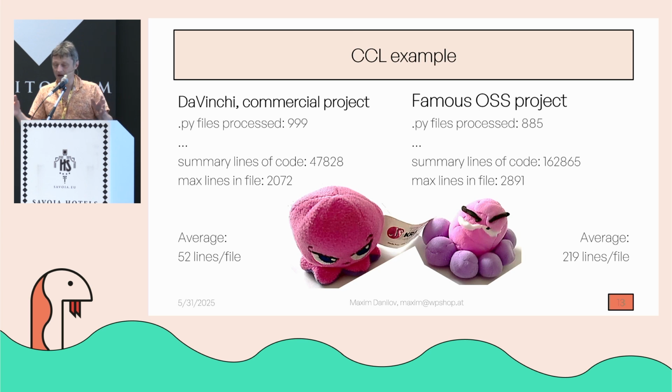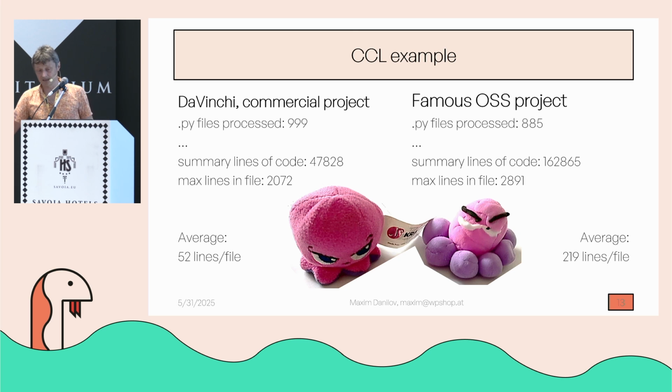Okay. For example, if we start to compare, DaVinci is a commercial project with around 1,000 files in the project, summary lines of code around 50,000, max lines in one file is 2,000 lines, average 52 lines in a file. And we have a famous open source project.